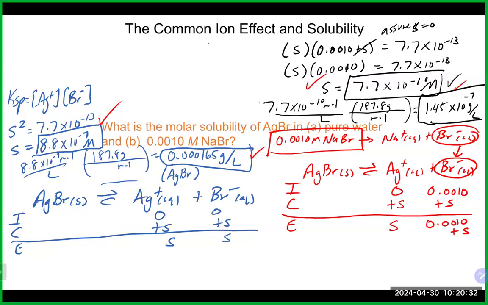So one of the things that can affect the solubility of something is the presence of a common ion. It's really still Le Chatelier's principle, which will shift it back to the solid side and keep it together. Any questions on that calculation there? In either case, not very much is dissolving in either situation.